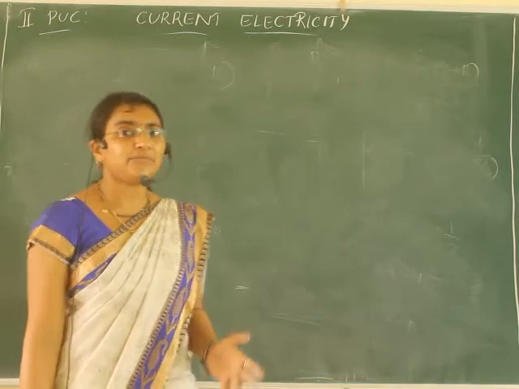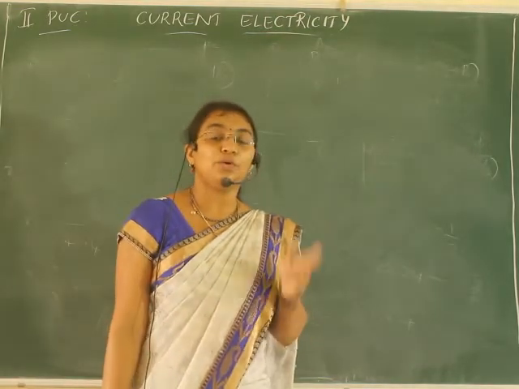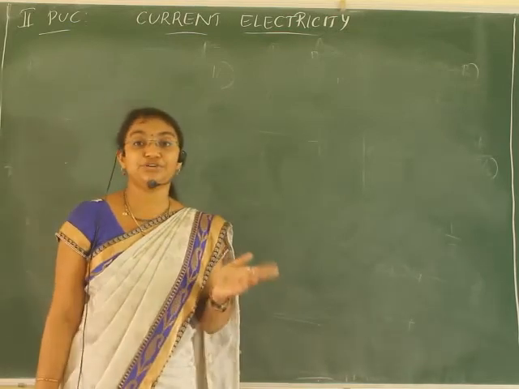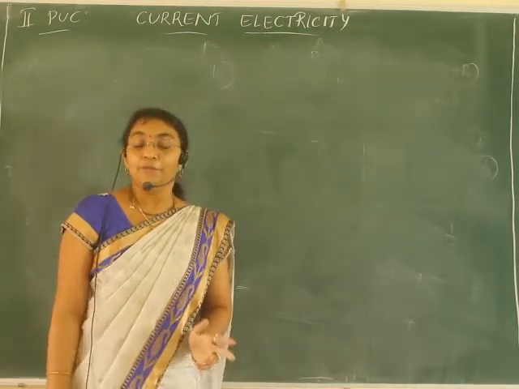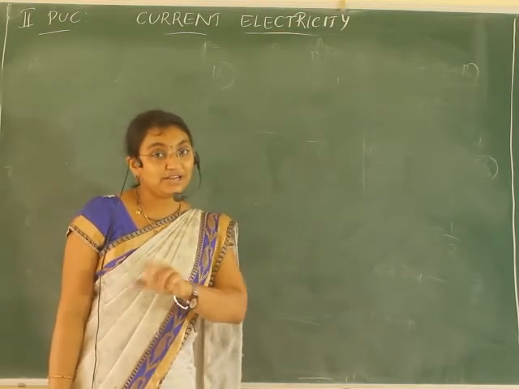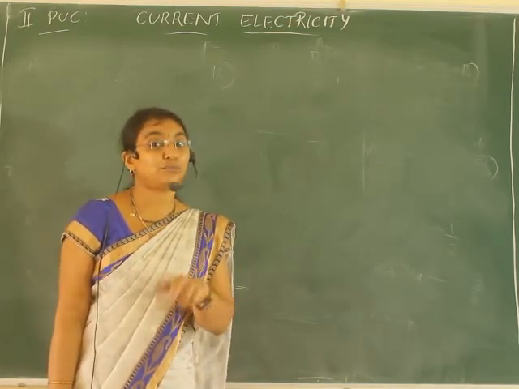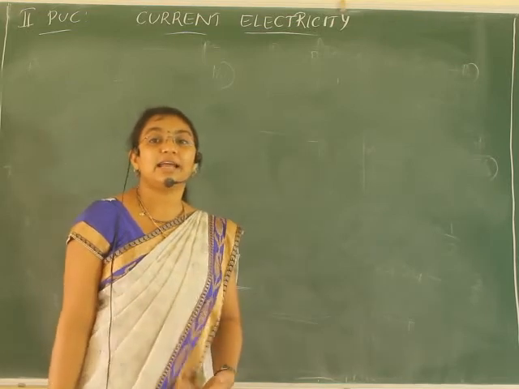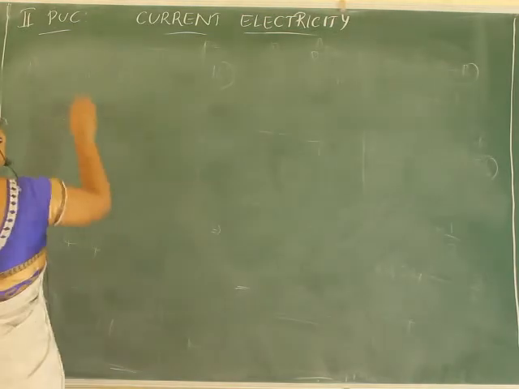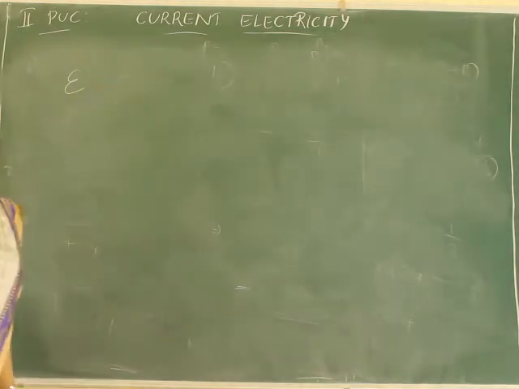What is that EMF? You have learnt it in high school, correct? EMF is electromotive force. When no current is drawn from the cell, the potential difference across the terminals of the battery is the EMF, and it is given by epsilon.